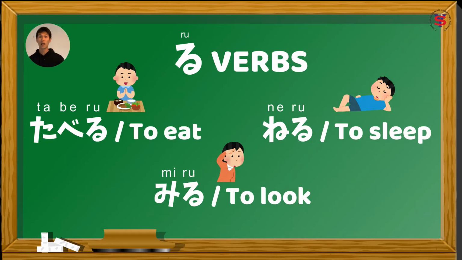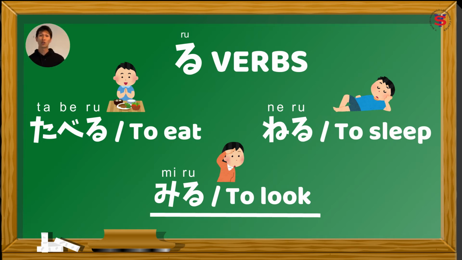So, ngayon naman, let's discuss how to change the root or casual forms of our verbs with the ru, u, and suru endings, as well as our special verb, kuru, to the masu form. And then, let's make some sample sentences together. Ang ru verbs ay ang mga verbs na ang huli ay ru. So, for example, taberu, to eat, neru, to sleep, miru, to look or to see or to watch.